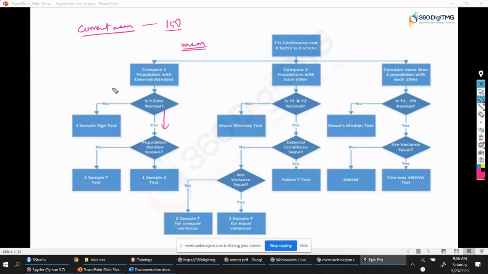But if my data points are not normal, then the solution that I have to apply first is to try and make the data normal. I don't want to work with abnormalities. I want to consider the data to be always normal. That is something that we'll assume, because all the statisticians who came up with these logics assumed that the data are always normal.